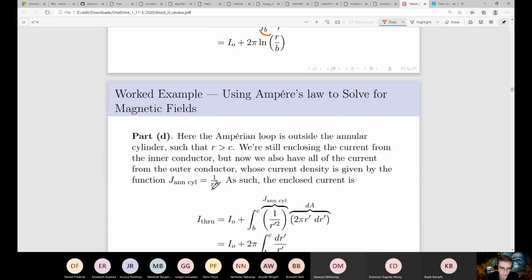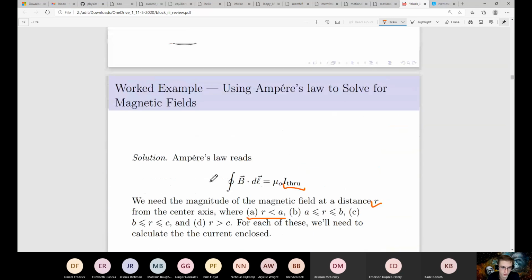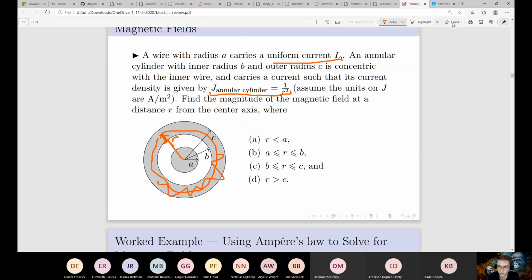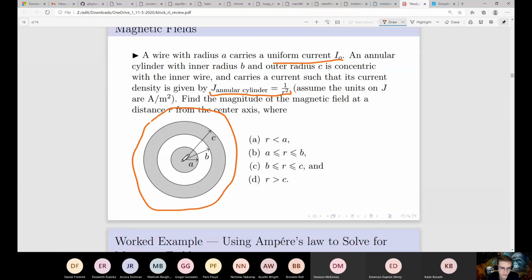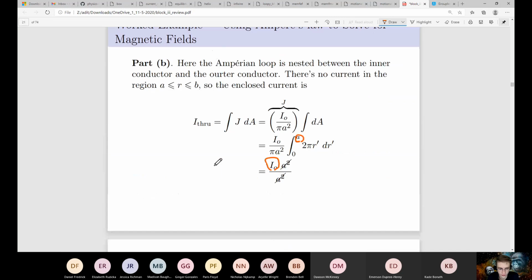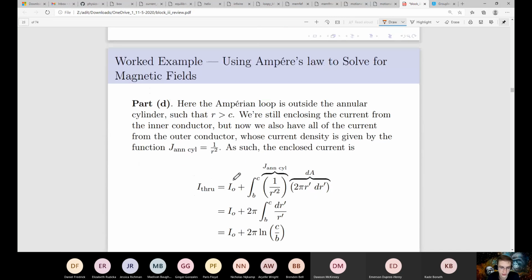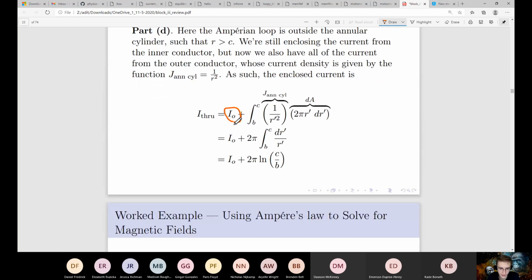Awesome, now I just have one more part to do. In part D, my Amperian loop is going to be all the way outside because my R is bigger than C. That's my radius R at which I want the B field. It's going to be very close to part C, where I still enclose my inner wire of radius A, but now I have to take a new integral for my J dA.